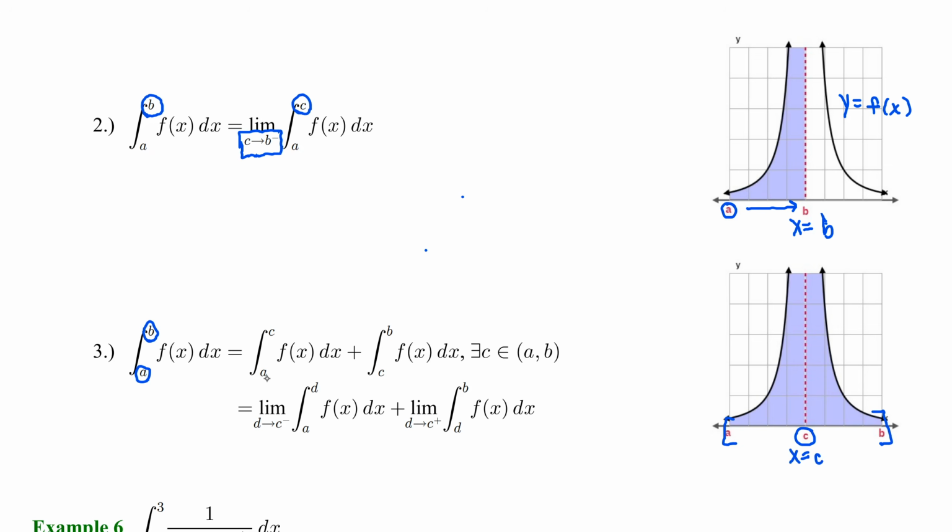So we're going to integrate from a to c. That's going to calculate the area on the left, and then we're going to integrate from c to b. That's going to calculate the integral on the right. Then, because there is that vertical asymptote at c, we would adjust both integrals accordingly using proper limit notation.